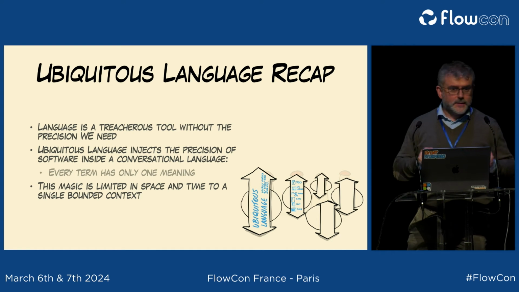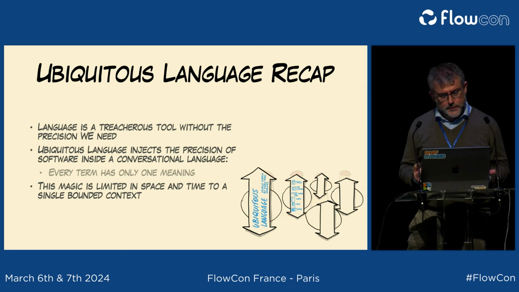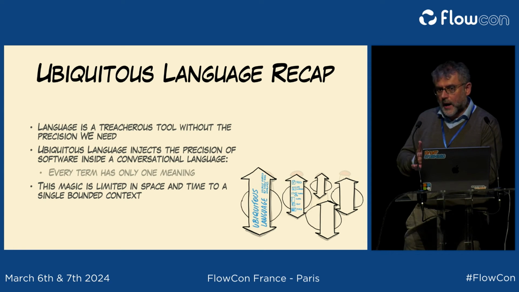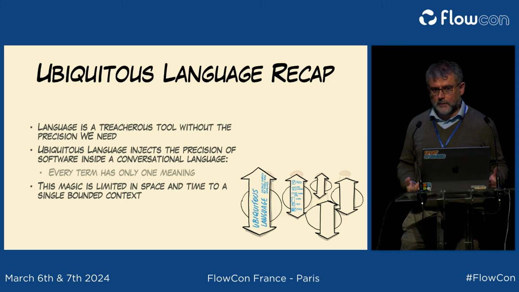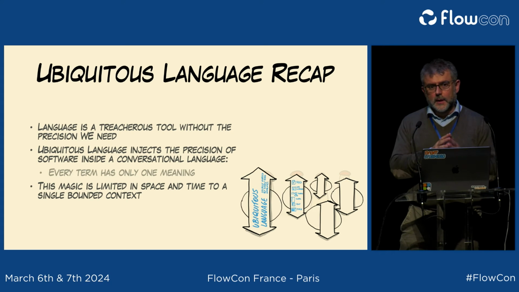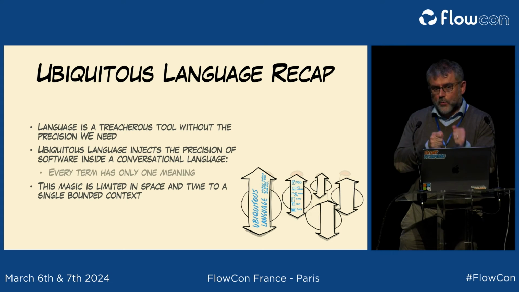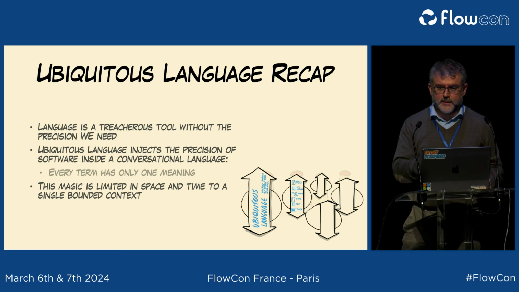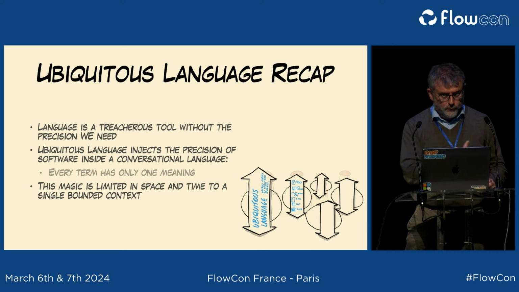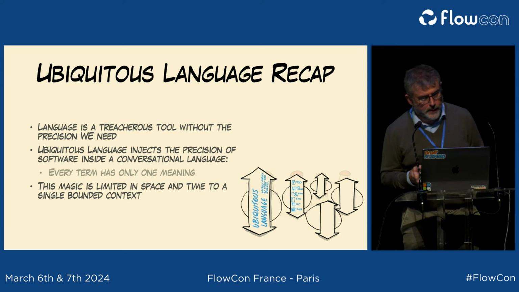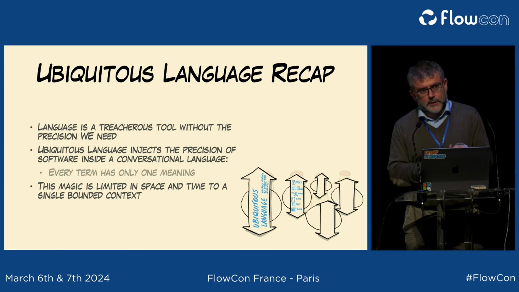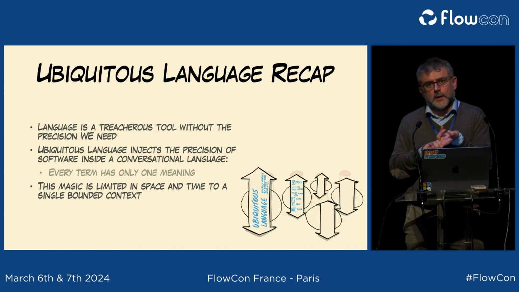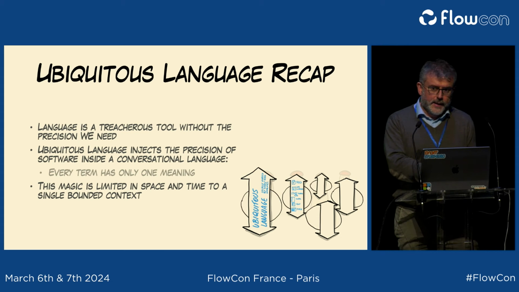It's not something that happens spontaneously. It's something that we craft and hammer and sharpen in every single conversation. We try different terms. We pick the one that works better, provides better insight, and we improve our language. And when I say our language, I mean in the first phases, the development team tries to capture as much as possible the language from the domain expert.